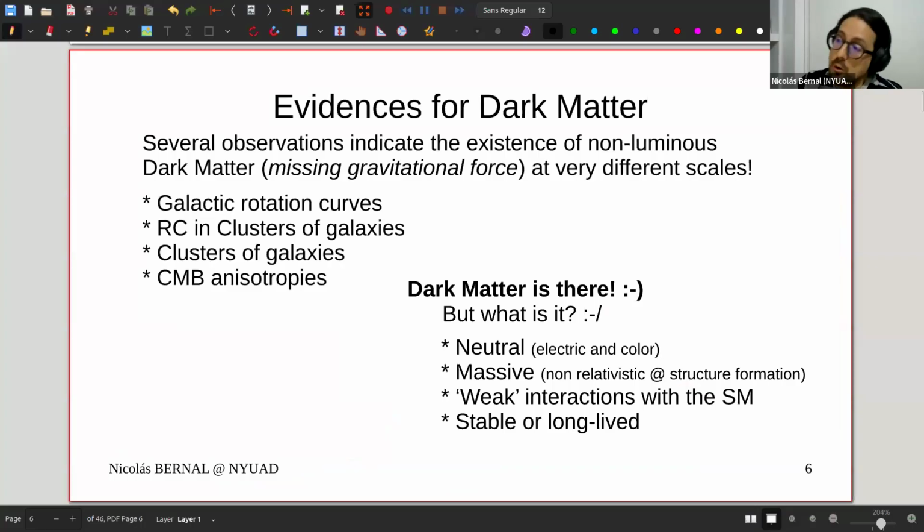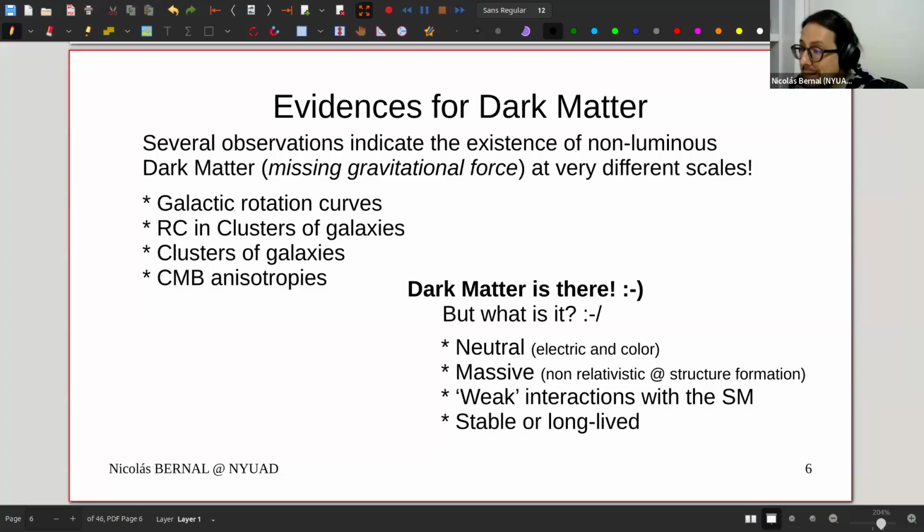Okay, so at this point, you're kind of convinced that dark matter is there. We don't know what it is. However, we know some characteristics. For instance, it has to be neutral in the sense of electric charge and color charge. Or if it has a fractional charge, it has to be very, very small. It has to be massive. It's dark matter, right? It's matter. And that means that it has to be non-relativistic at the moment of structure formation.